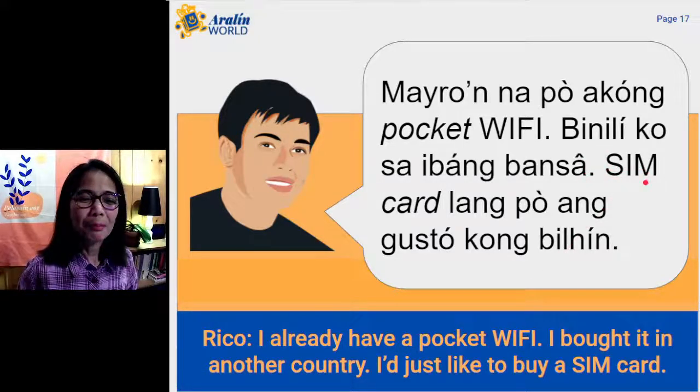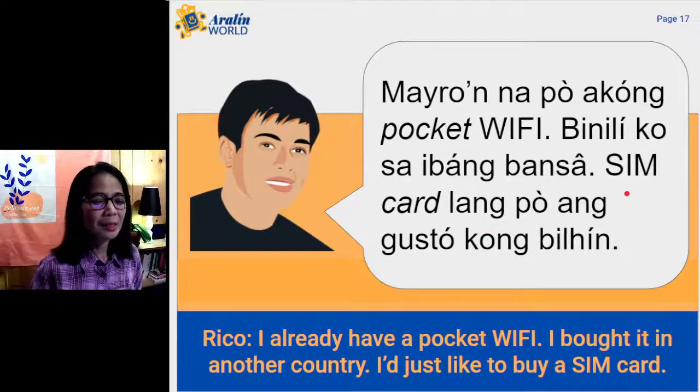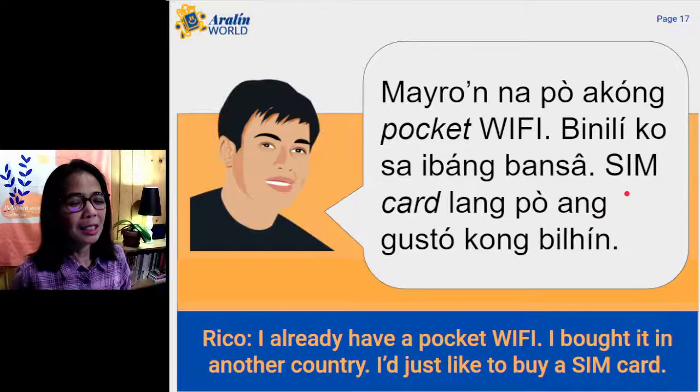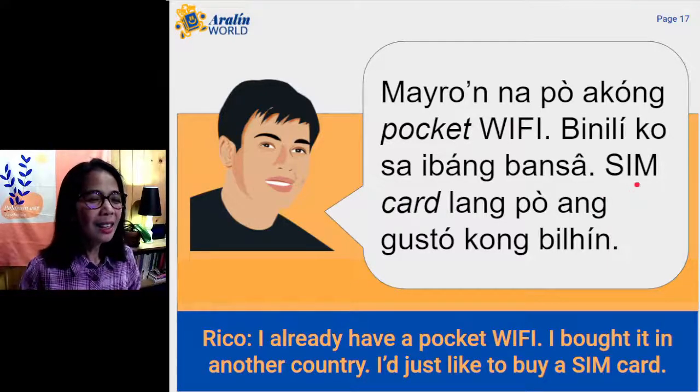And then followed by more statement. SIM card lang po ang gusto kong bilhin. Okay. Let me help you understand. Gusto ko means I like to. But you say lang, there is lang in Tagalog.